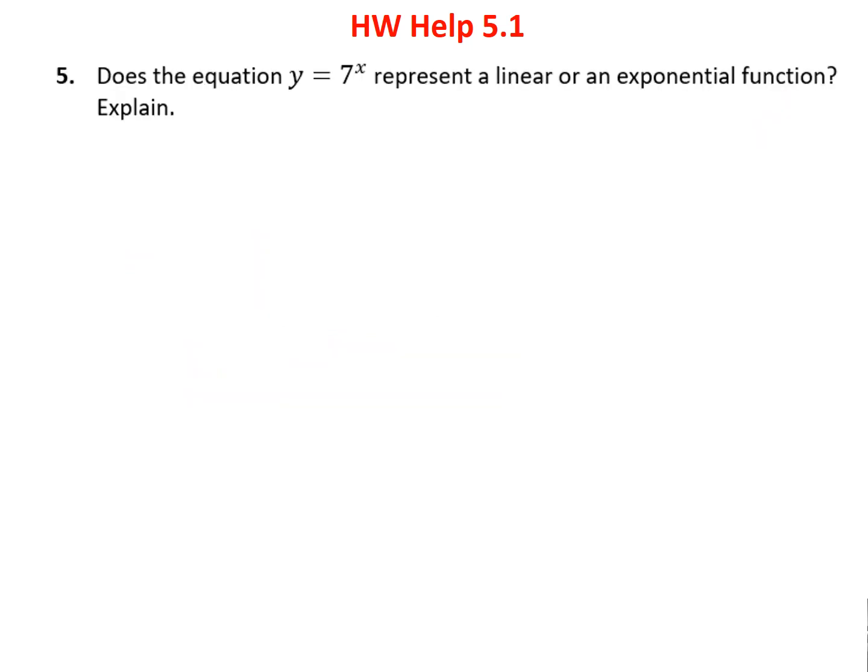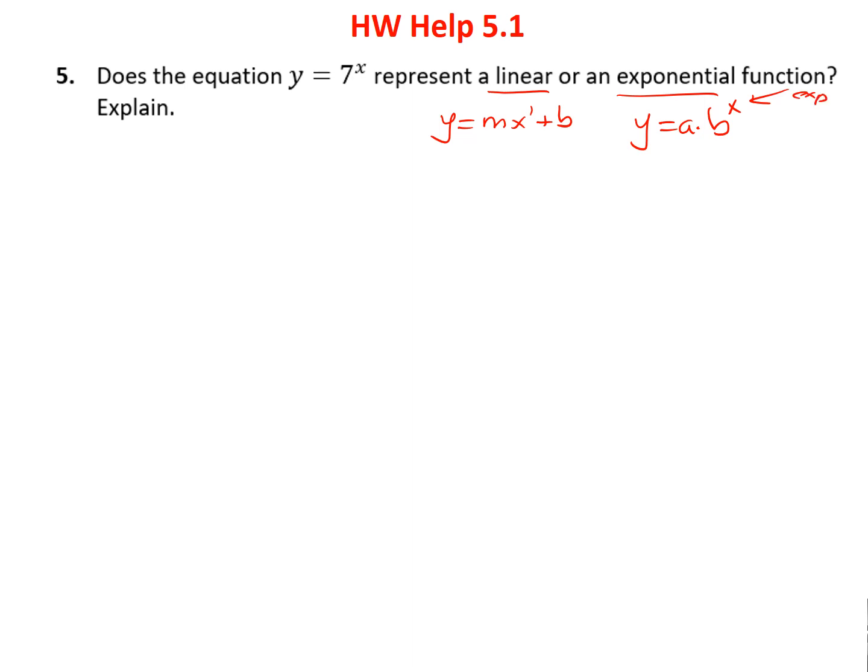Problem 5 is much like problems 3 and 4. We're being asked, is it linear or exponential? Again, what does the standard rule look like? For a linear, it is y equals the slope times x plus the y-intercept, mx. Notice x is to the first power, although we often don't put the 1 in there. The exponential, on the other hand, is distinctive because the x is in the exponent.